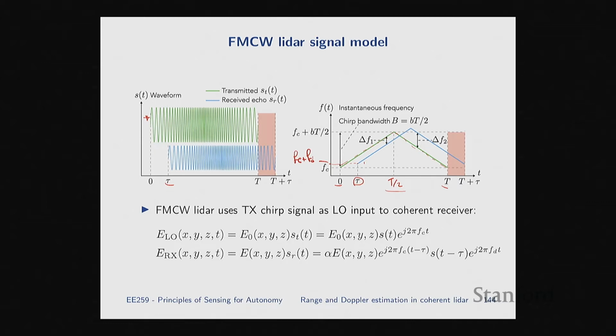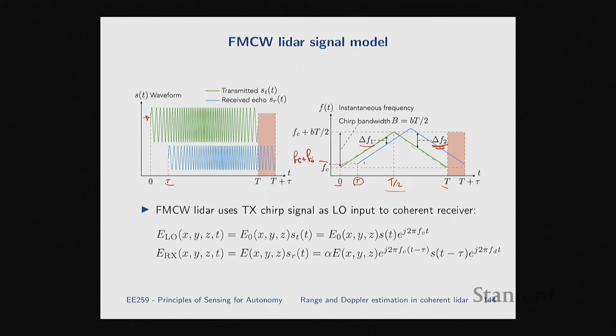Now, if you calculate the difference between the instantaneous frequency of what you transmit and what you receive with this triangular choice of chirp waveforms, as you see, during the up ramp of the two waveforms, you get some difference, delta f1. And during the down ramp, you get a different value of delta f.